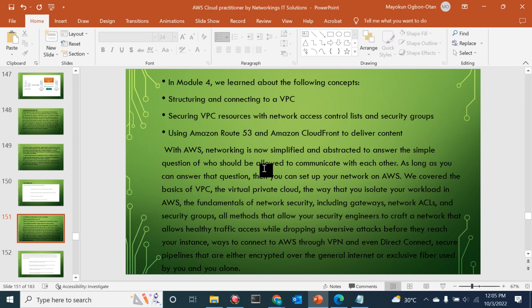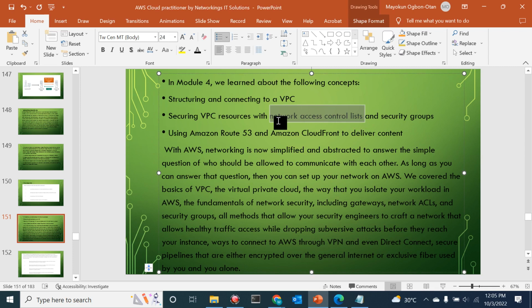You can go to Amazon and create a VPC, have your services there, put securities there. Only people you give access to can access your VPC. So, securing VPC resources with network access control lists, which we discussed yesterday, and security groups. Go and take time to study that.